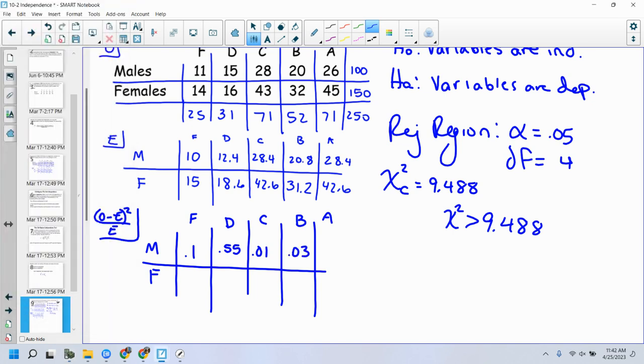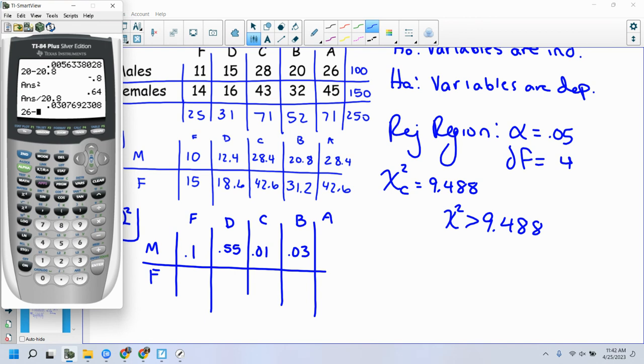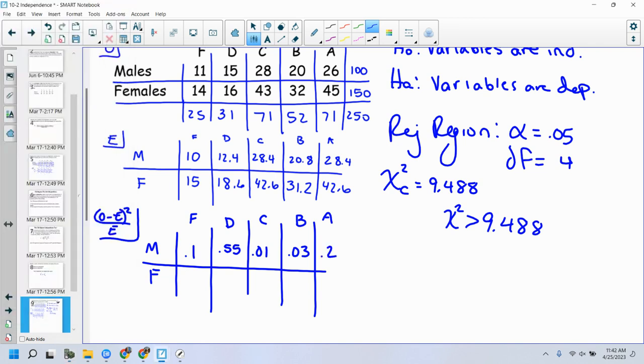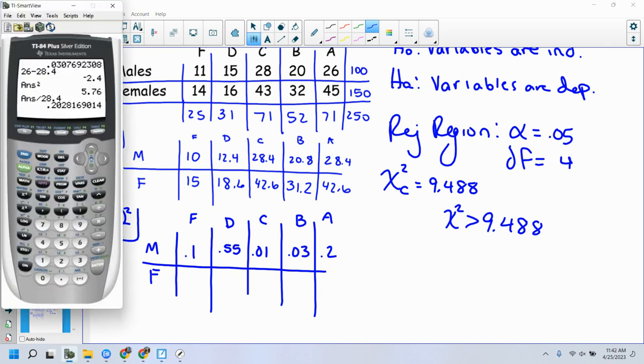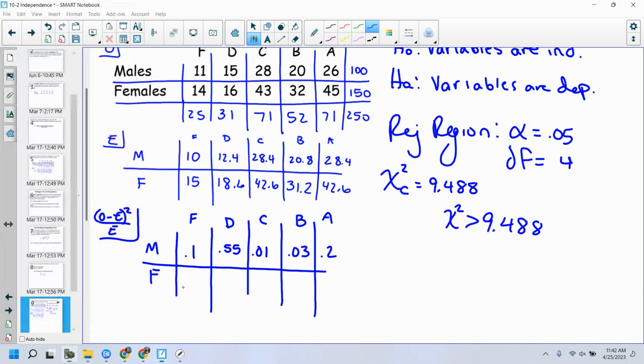And let's look at male A. 26 minus 28.4 squared divided by 28.4. 0.20. Okay, let's do row 2. 14 minus 15, that's 1. Squared is 1 divided by 15. 1/15 is 0.07.